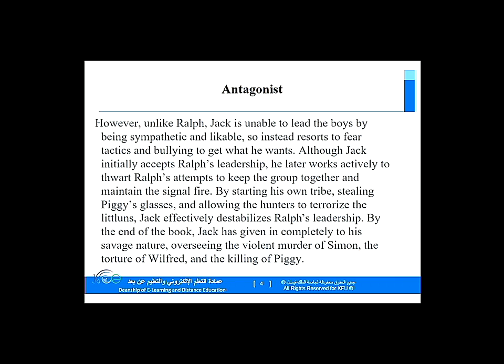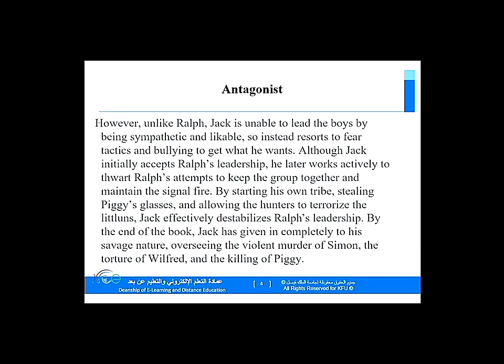However, unlike Ralph, Jack is unable to lead the boys by being sympathetic and likable. So instead, he resorts to fear tactics, to bullying, to get what he wants.